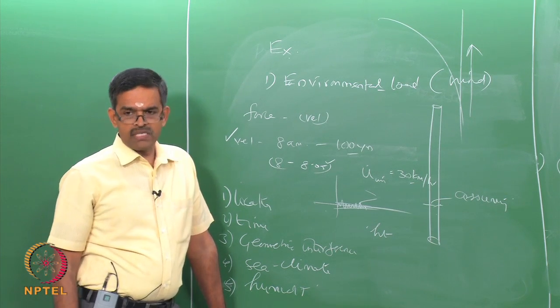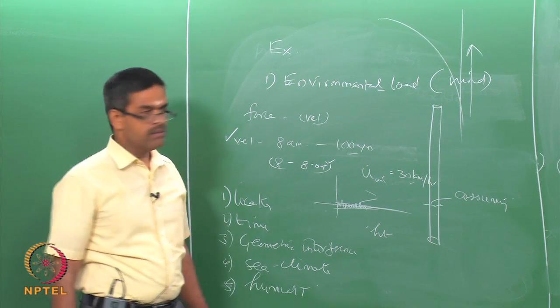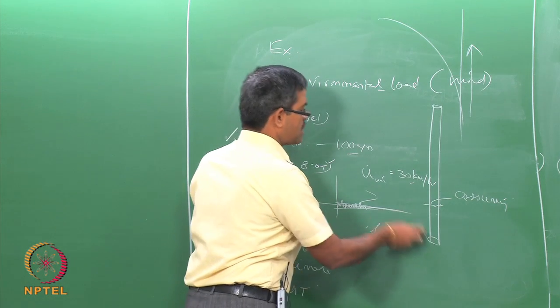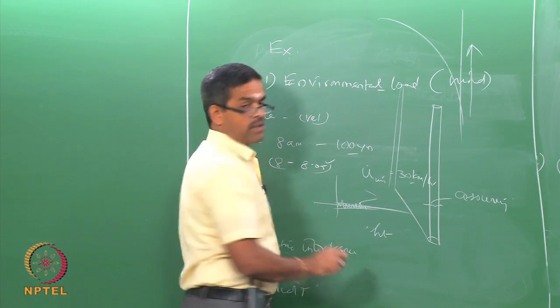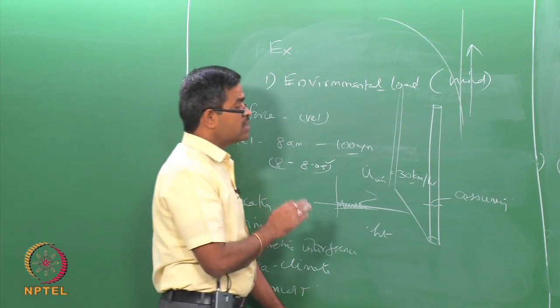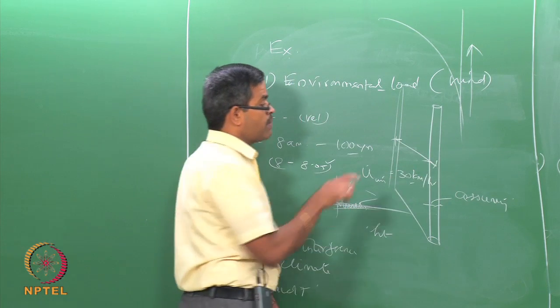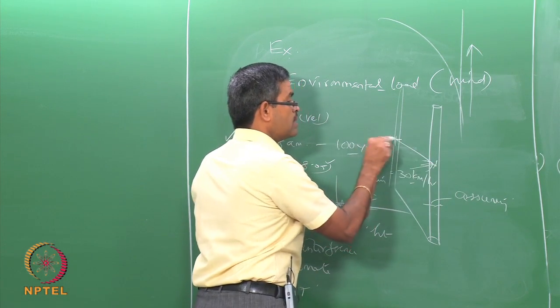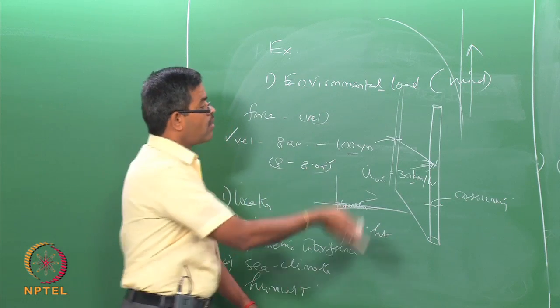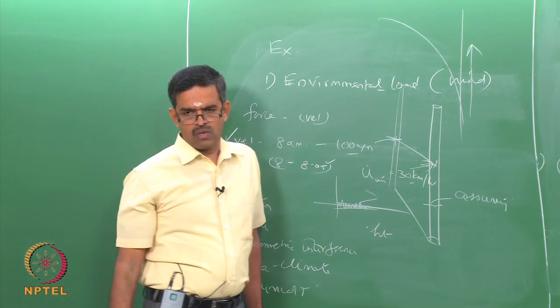If you really wanted to measure this on a 2-dimensional array, you can always measure another member and try to find the interference of the spacing of the member on the velocity at this point as well as this point, what we call cross correlation coefficient.